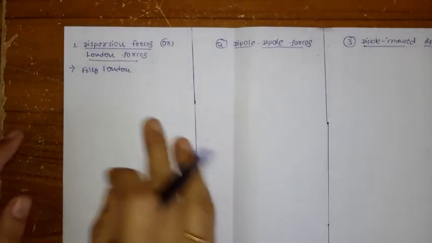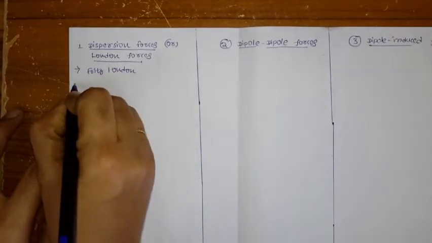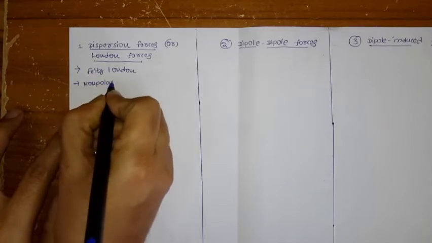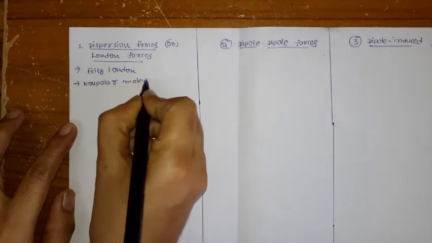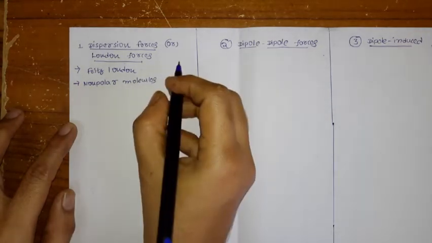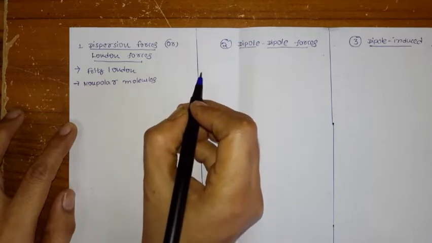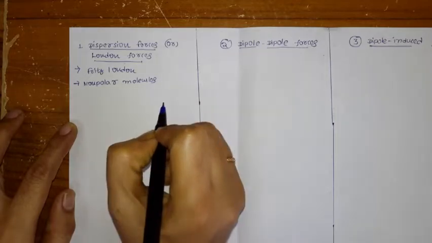These forces are exhibited by non-polar molecules because of the temporally correlated movement of electrons in interacting molecules.